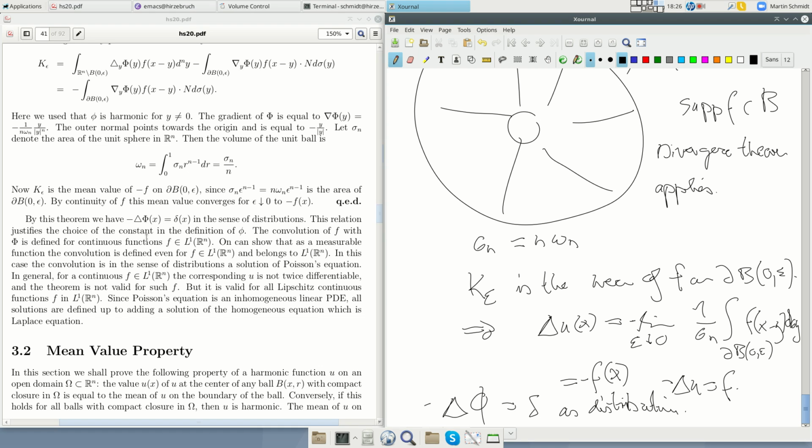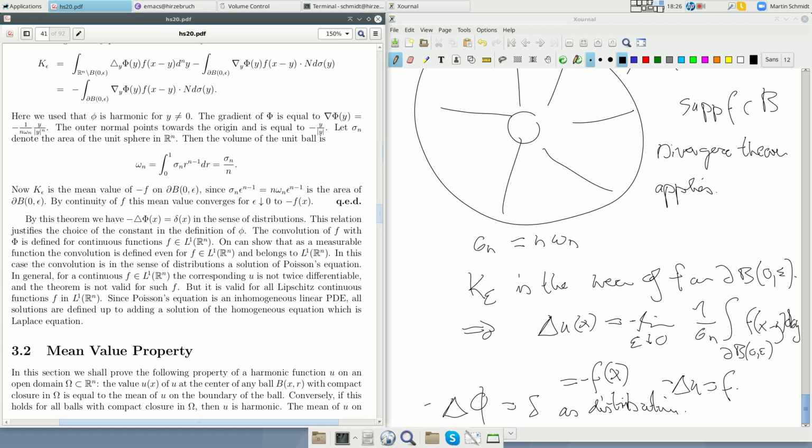And one can improve this whole estimate, and one can show that in a weaker sense, this is also true for larger classes of functions. For L1 functions, as a distribution, this solves the equation. This follows also from this.